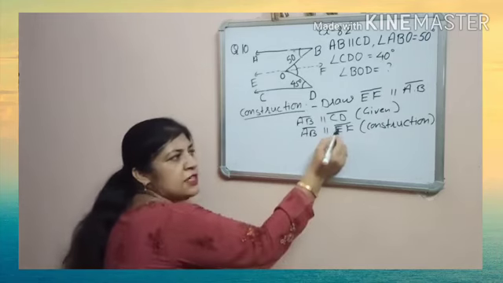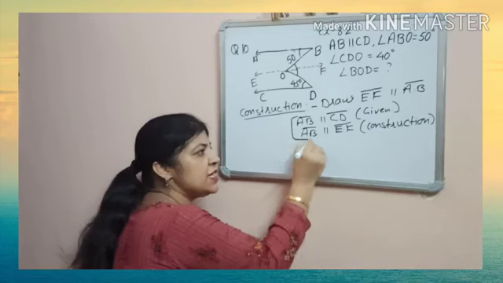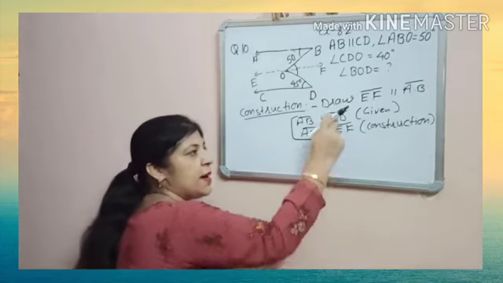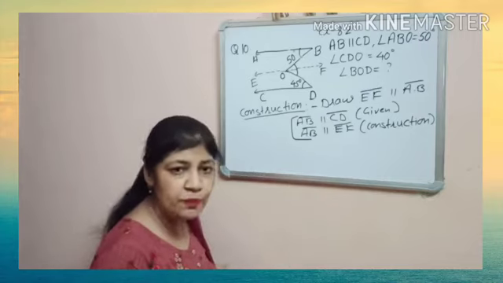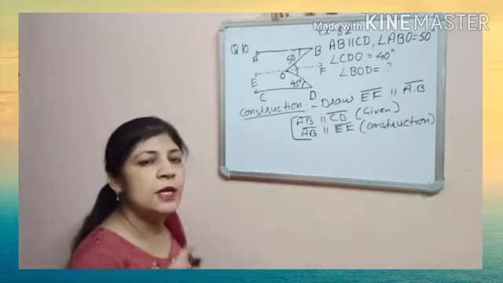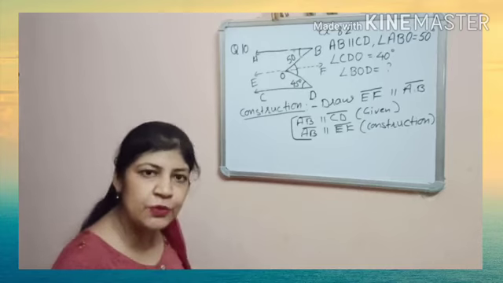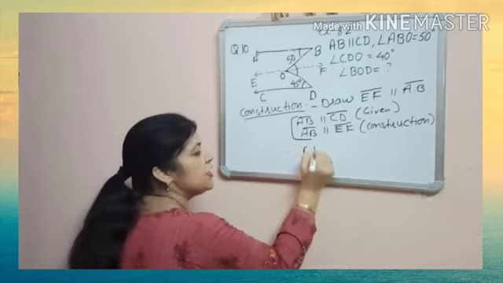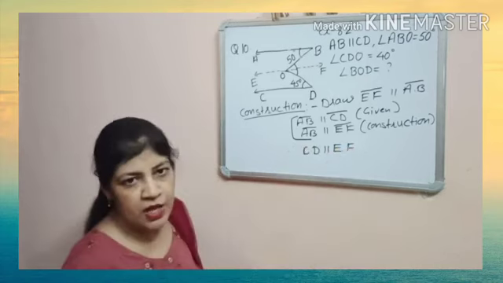So two lines CD and EF are parallel to the same line AB. So that's why they are parallel to each other. That I have told you: if two lines are parallel to the same line, they are parallel to each other. So therefore CD will also be parallel to EF.